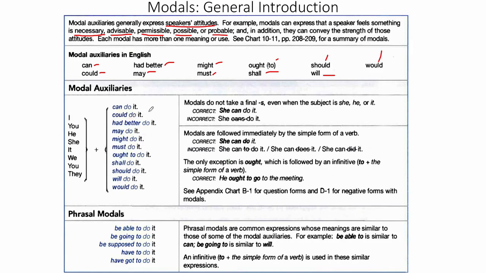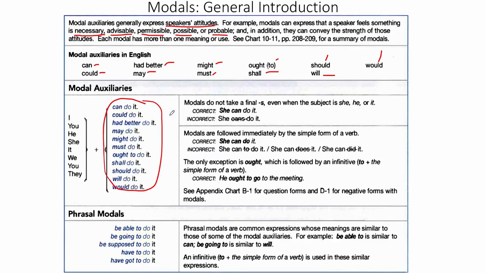Now, these are some of the examples. For example, I can do it, you could do it, he had better do it, she may do it, it must do it, ought to do it, etc. So in all these examples here, we have modals that are used.